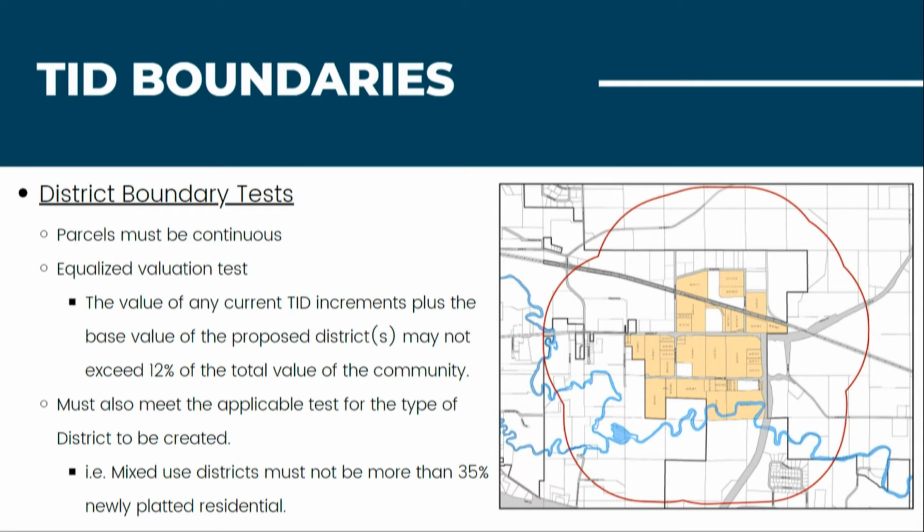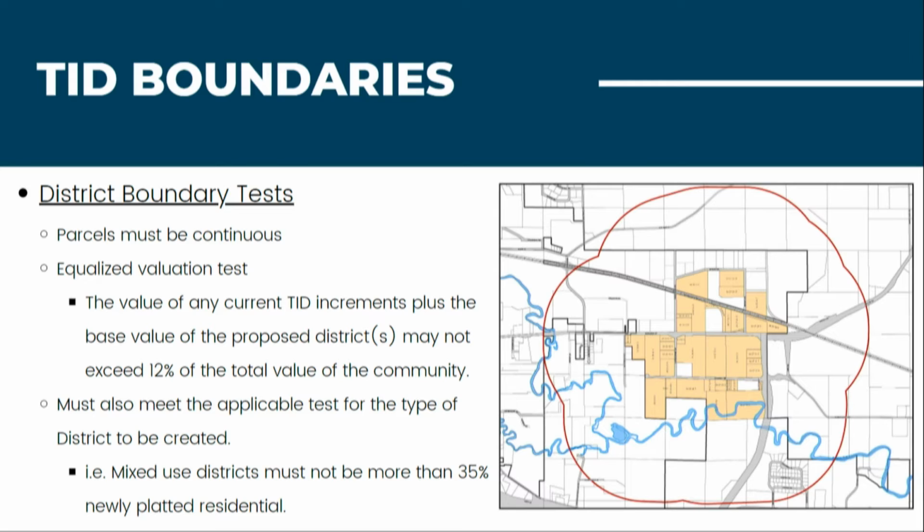It must also meet any applicable test for the specific type of TID. I use the example of the specific thing that needs to be met for mixed use TIDs, again, because that's what we're going to be talking about next in 2 weeks. And that example is that in mixed use TIDs, no more than 35% can be newly platted residential.